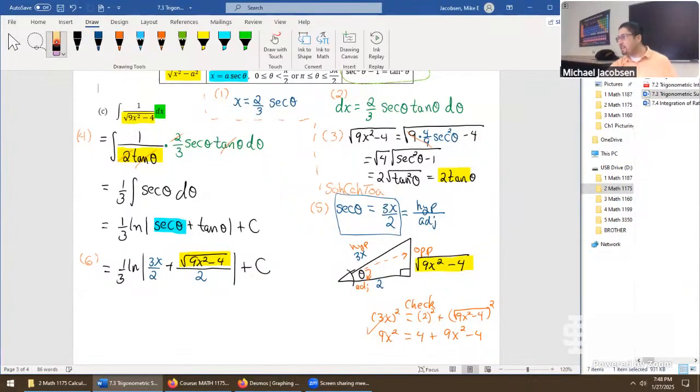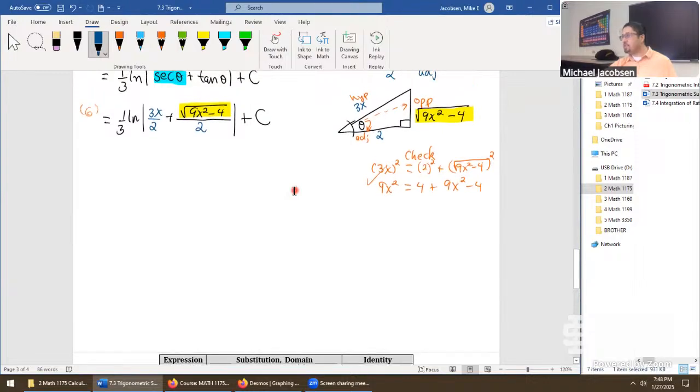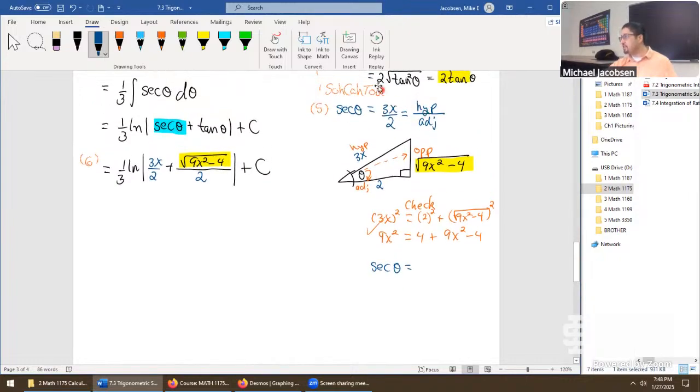But another way to think about it is, let's suppose all we had is the triangle. We should be able to build out that secant theta. Secant theta should be, through SOHCAHTOA, the hypotenuse first, reciprocal of cosine, divided by the adjacent side. So it would be the 3x hypotenuse, divided by the adjacent side, which is 2.